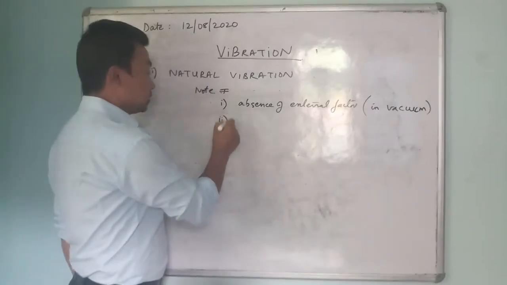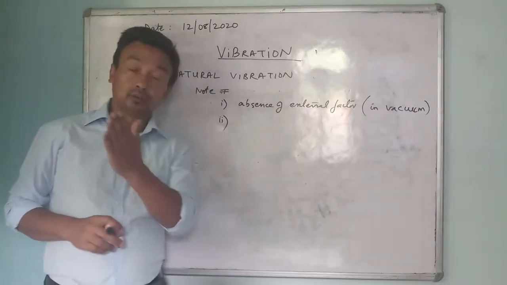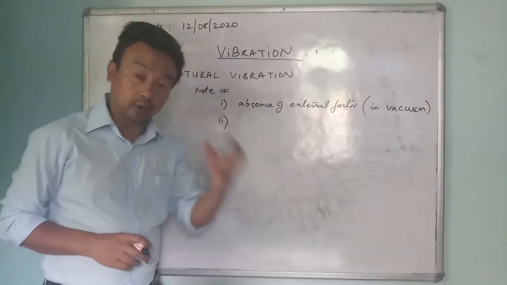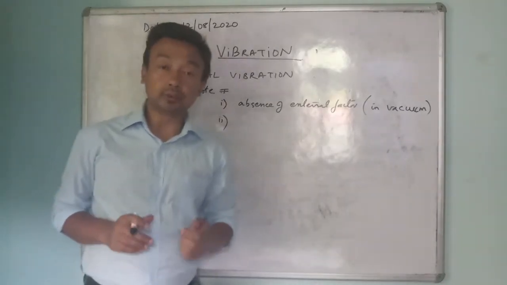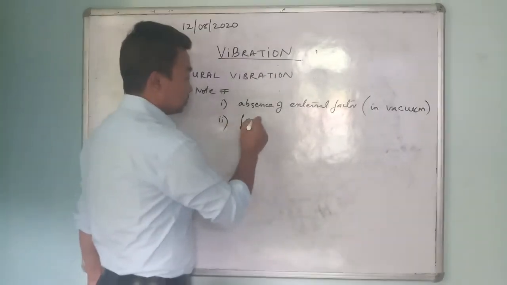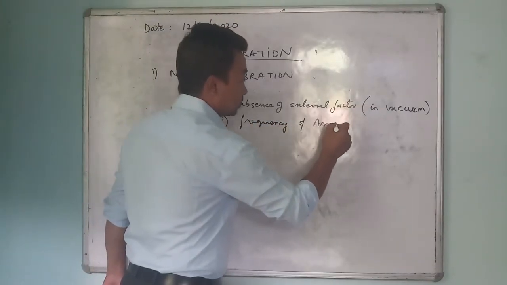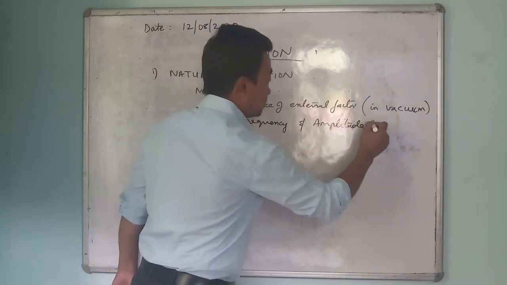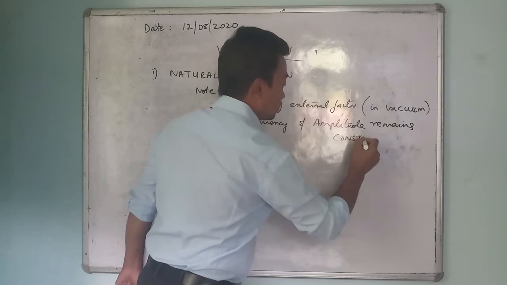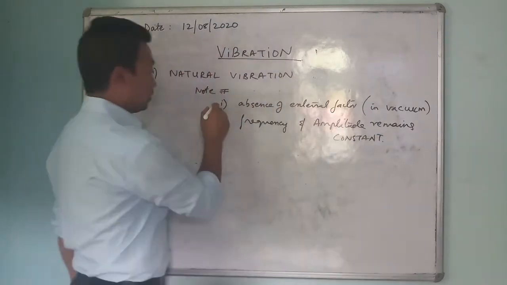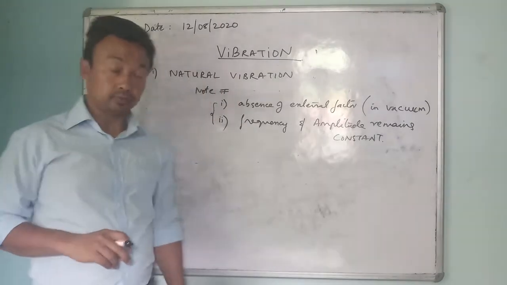Second point is that since there is no external force to disturb the motion of the body, the two terms, frequency and amplitude, remain constant. So these are the two key points in the natural vibration.